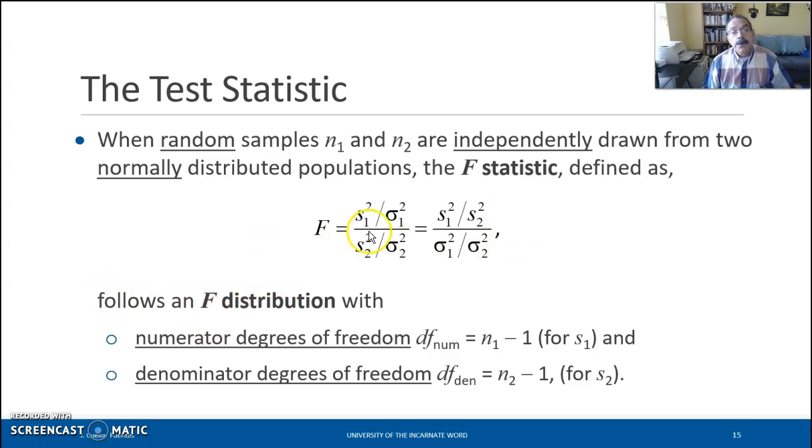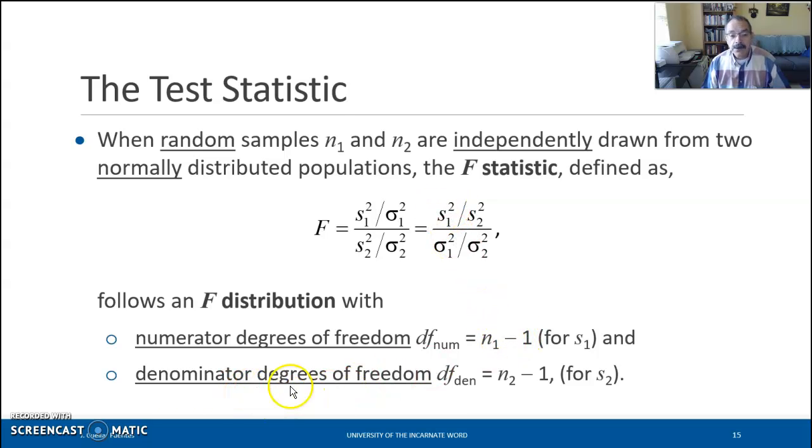All right, so if these are random samples, that means each sample has independent observations, and these samples are taken independently from two normally distributed populations. The F statistic then follows an F distribution with two sets of degrees of freedom. The degrees of freedom in the numerator is the sample size of the variance in the numerator, minus 1.